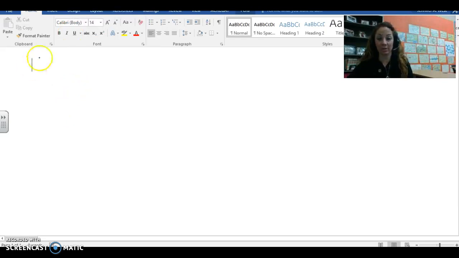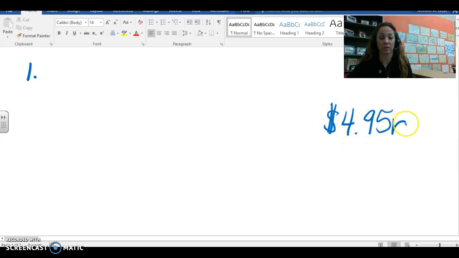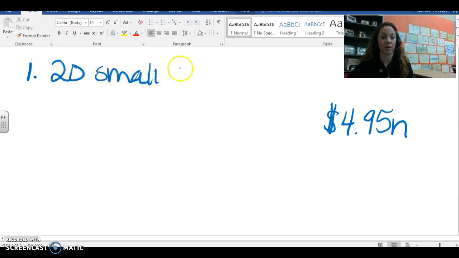All right, so in your binder, I'm going to give you 3 different problems to do. And I want you to find the shipping cost for the 3 quantities, but you're going to use the algebraic expression $4.95 times n. So on the first one, you're going to have 20 small boxes.